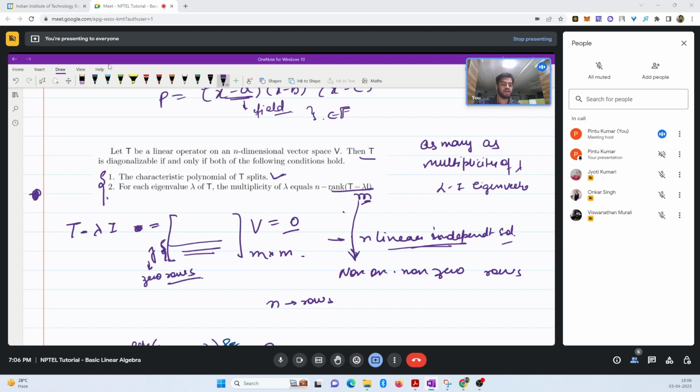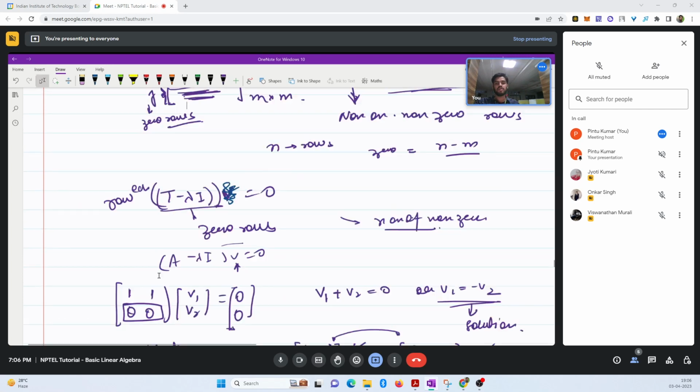Then how many are your zero rows? Zero rows would be n minus m, right? And what I claimed is that whatever is your number of zero rows, those many linearly independent solutions you will get. Now, am I making sense? Is it clear? Okay, thank you.